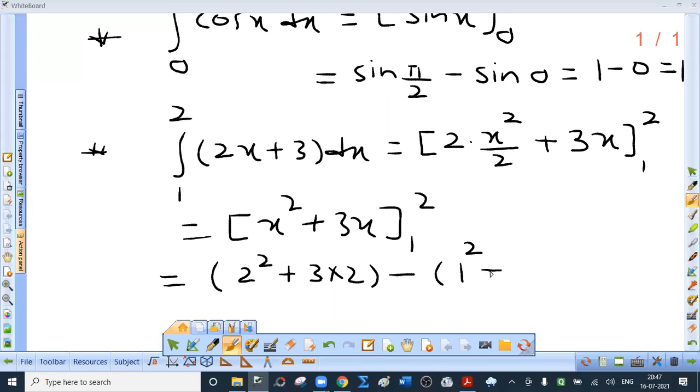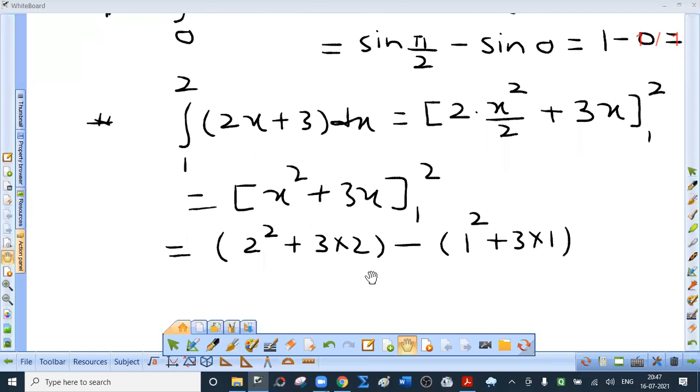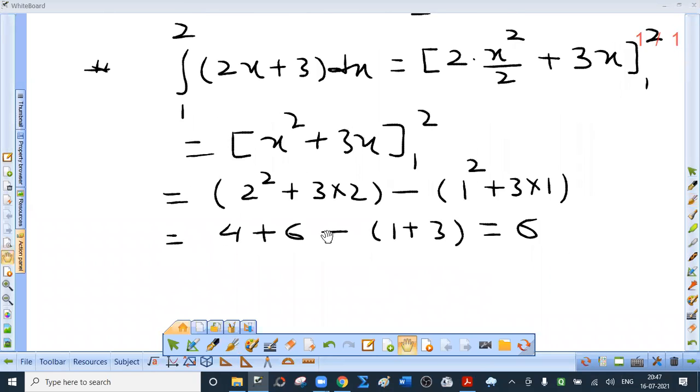So 1 squared plus 3 into 1. Now simplify this. So this is 4 plus 6 minus, in bracket, 1 plus 3. So what is the final answer? The final answer is nothing but 6. Is that clear? So this is the value of the definite integral.